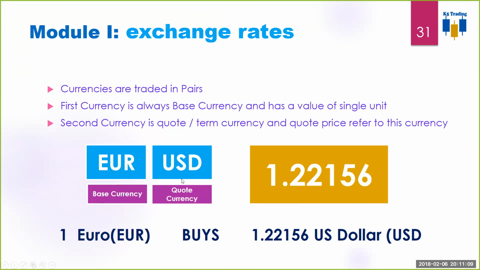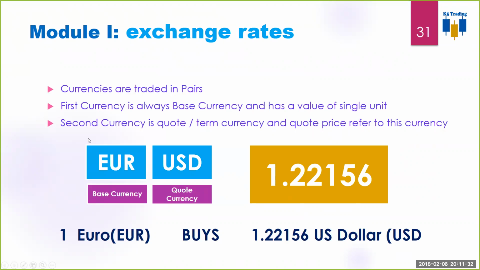The second currency is called the quote currency. The base currency always has the unit of 1, and the quote currency is whatever the price is quoted. So when you say Euro USD is 1.22156, it means that 1 euro will buy 1.22156 US dollars.